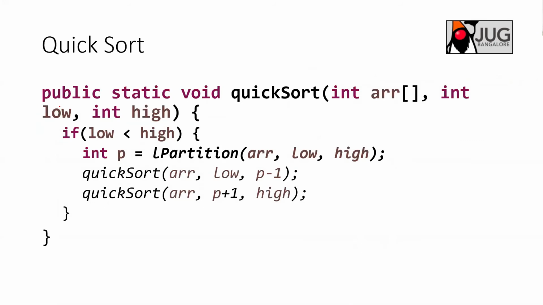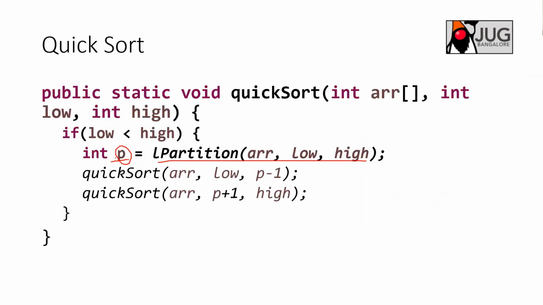So what does quick sort do? Quick sort first partitions based on the pivot element. After the partition, you get the position of the pivot element, and based on this pivot element, you have partitioned the array. You have a left partition and a right partition.